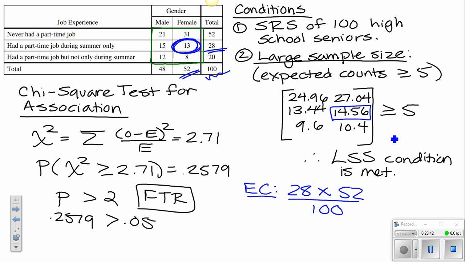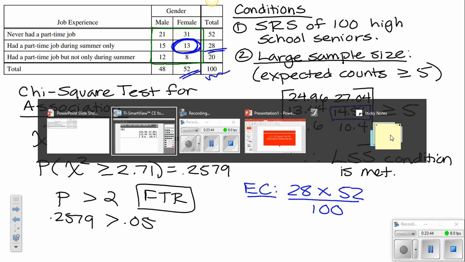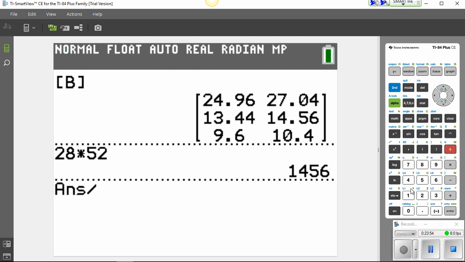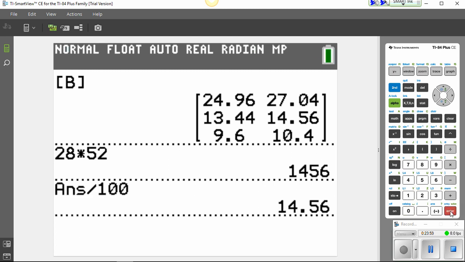So if I go back to my calculator and do the product of 28, not 25, 28, times 52, and divide that by 100, you get 14.56. So you can always do this by hand. However, using technology is much quicker and an easier way to make sure that you get the correct expected counts.